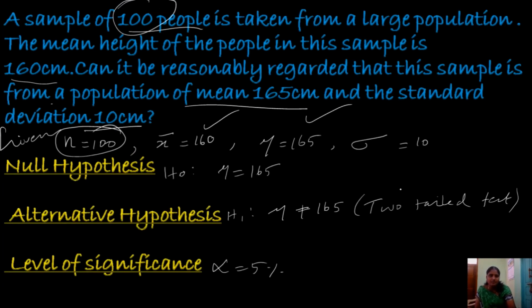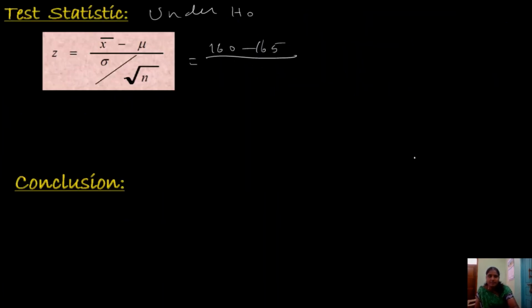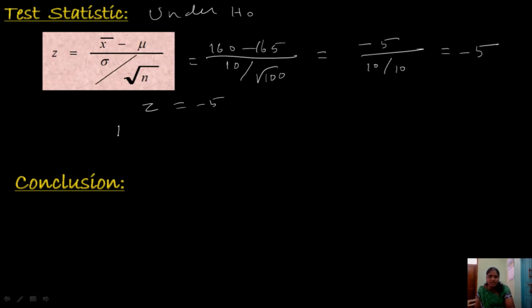The value of sigma given here as 10 and n value is 100. 10 over square root of 100. By simplifying, 160 minus 165 is minus 5. 10 over square root of 100 is nothing but 1. So you get the value minus 5. Isn't it? So the value of Z is minus 5. Its absolute value is plus 5.